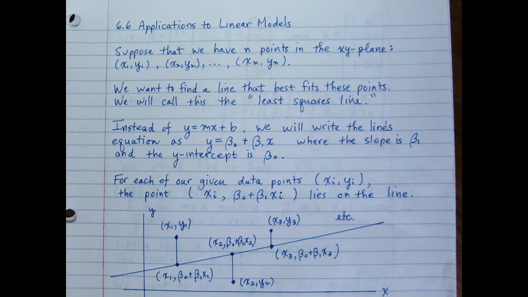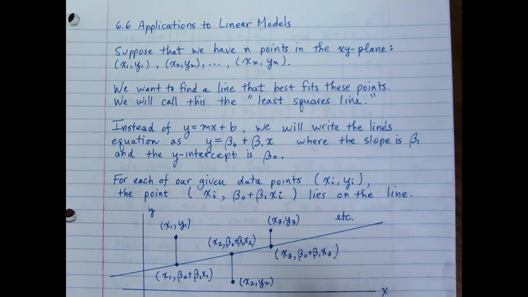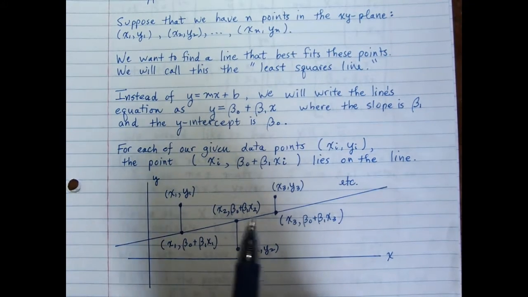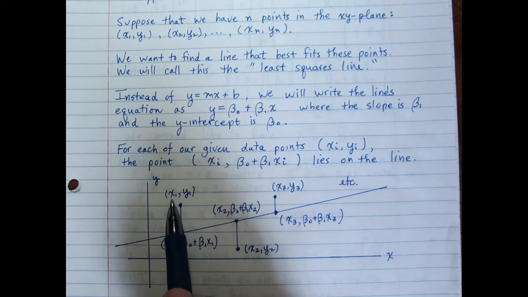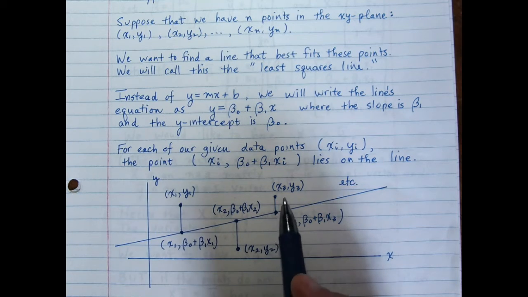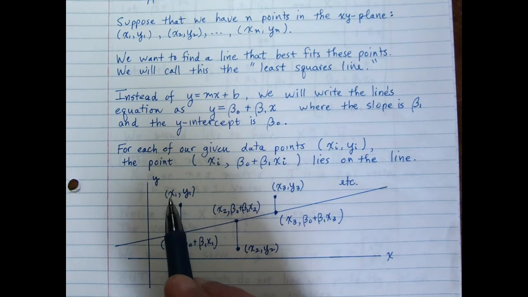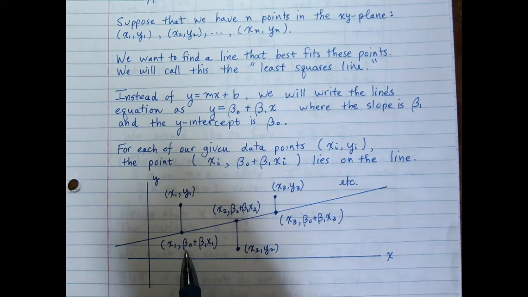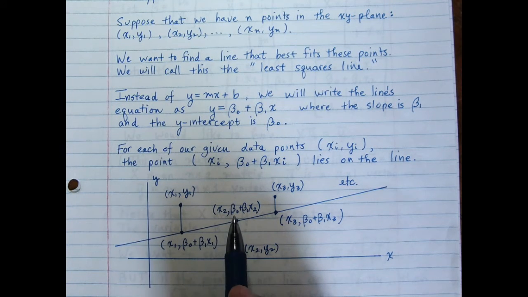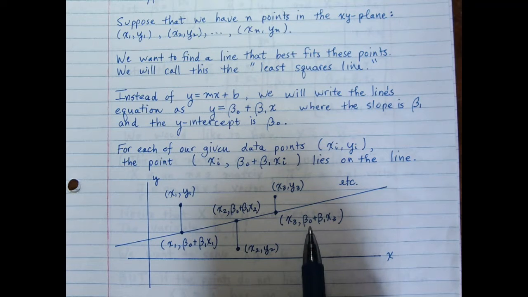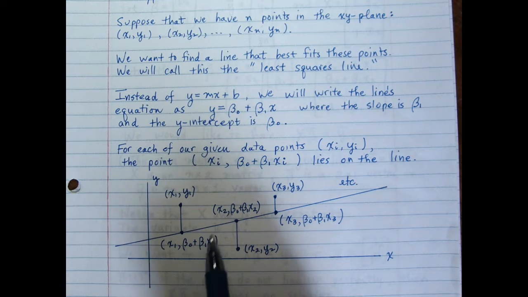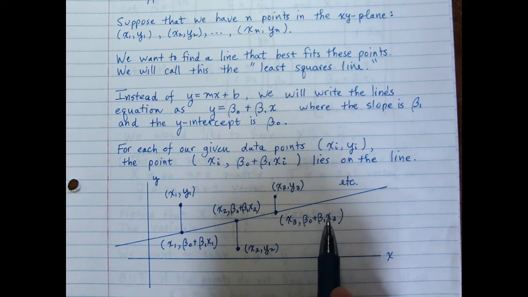So just in this scheme of things here that we're looking at, just realize that the x1, y1, x2, y2, x3, y3, those are given points, right? But the beta 0 plus beta 1 x1, beta 0 plus beta 1 x2, beta 0 plus beta 1 x3, those y coordinates are sort of like what we're trying to find, right?